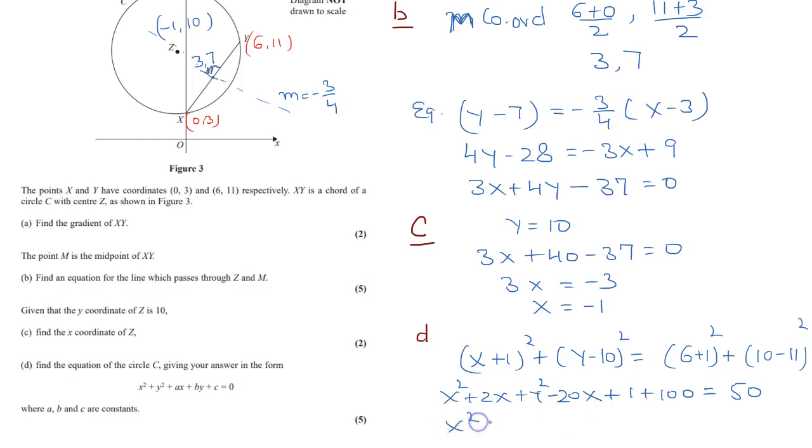So x square plus y square plus 2x minus 20y plus, this is 50 and 1, 51 is equal to 0.